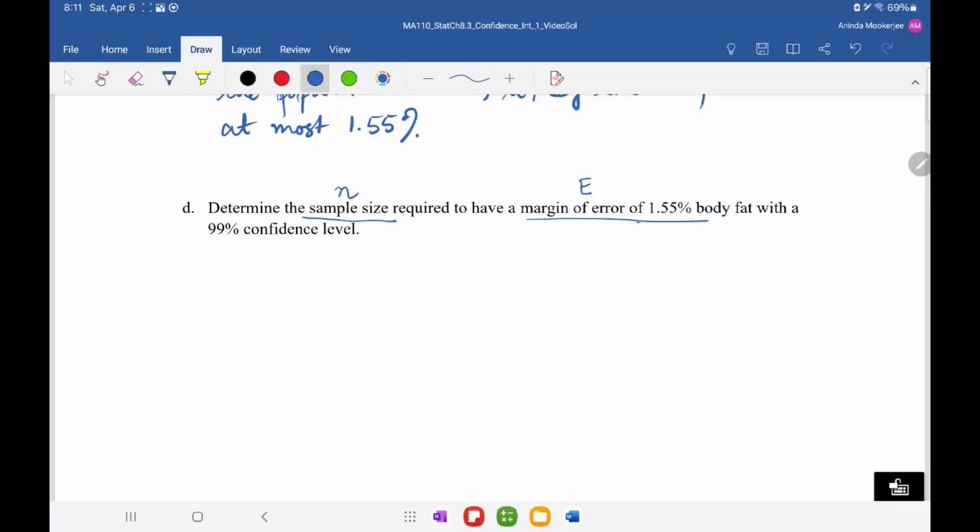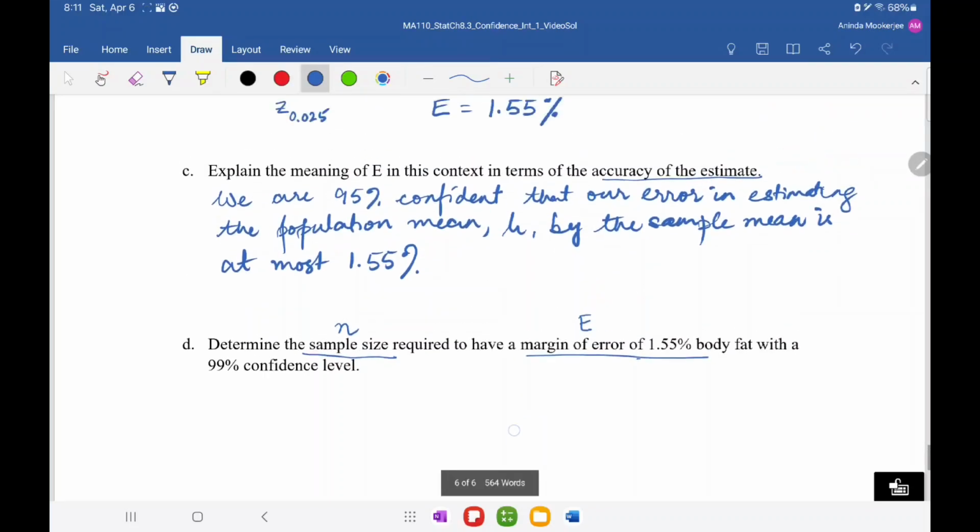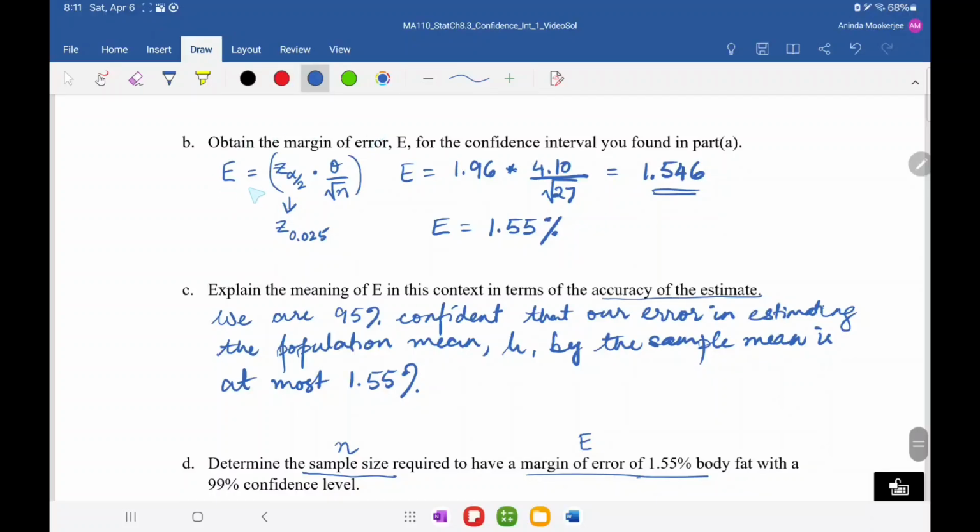Now, there's a formula in your formula sheet to find the sample size, and that formula is derived from the formula for E. You can come up with the formula for n by solving for n in this equation for margin of error.